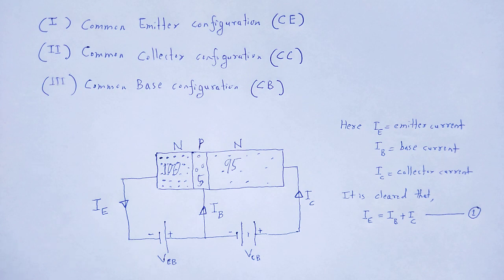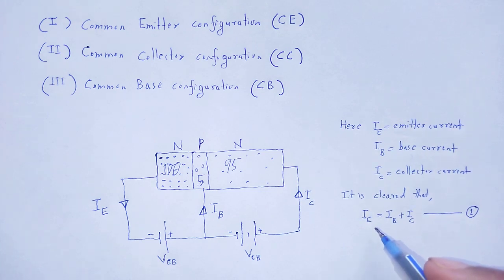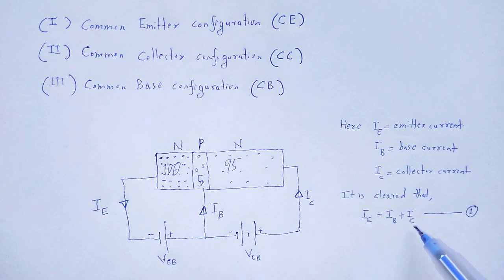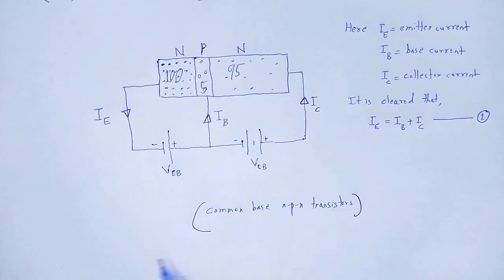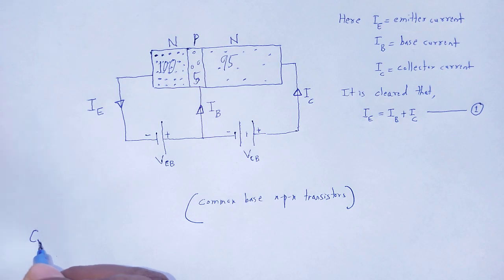Current gain is a term by which we can relate how these currents are related to each other, meaning the relation between emitter current and base current, emitter current and collector current, base current and collector current. It can be defined using current gains.